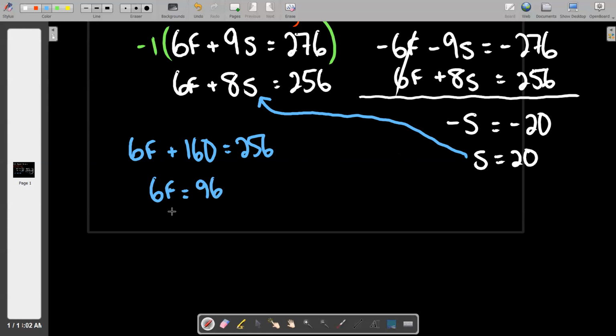Very good. Divide both sides by 6, and what is F? Yes, 16.